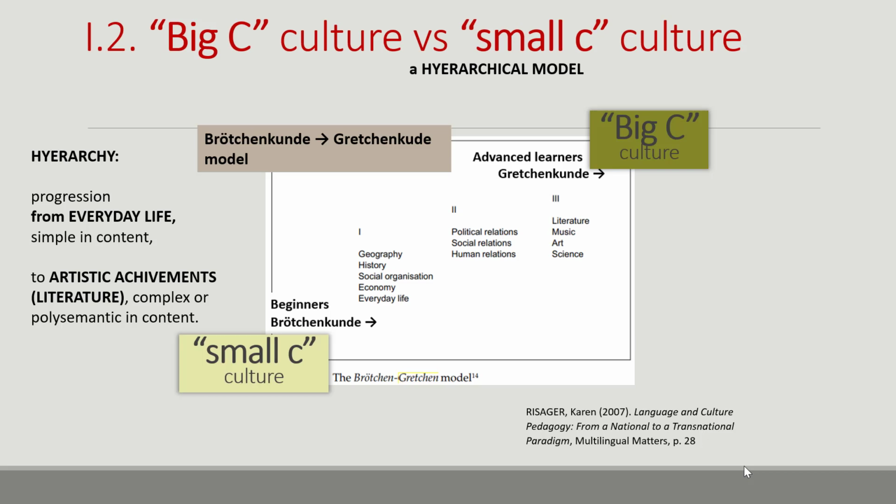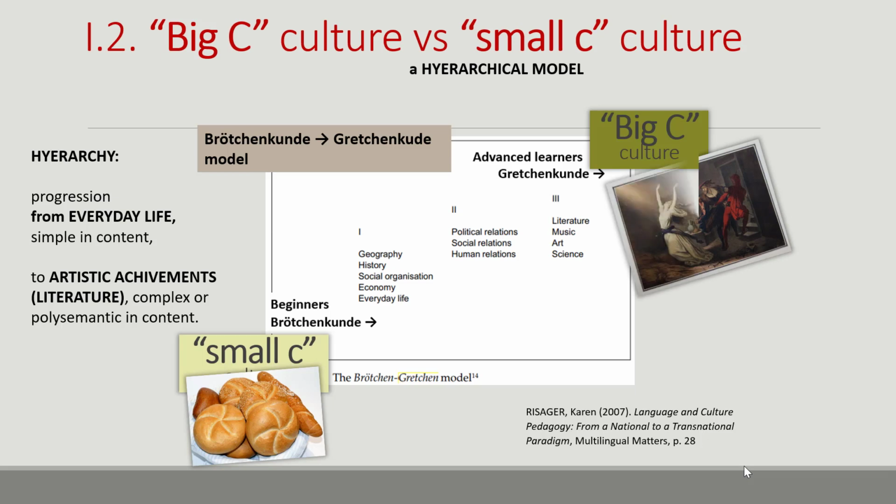The chart shows that the cultural elements referring to history, geography, and everyday life, which make up Brötchenkunde, are suggested to be taught to beginners. More advanced students should focus on literature and other artistic achievements, which make up Gretchenkunde.